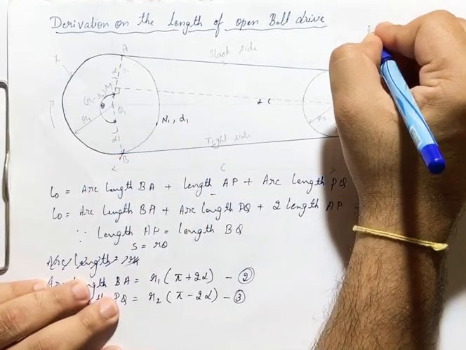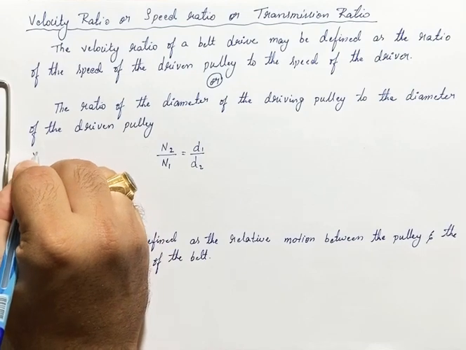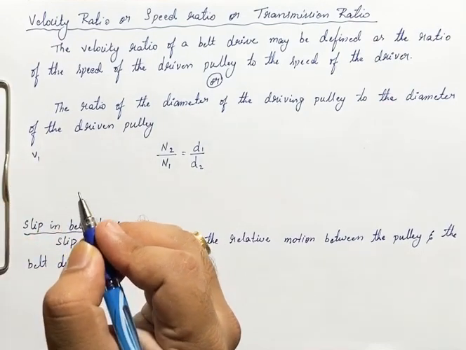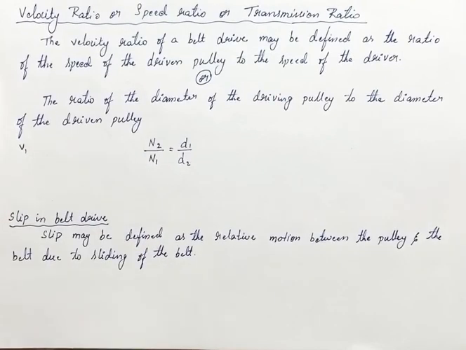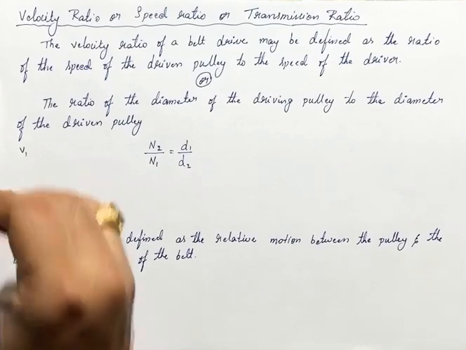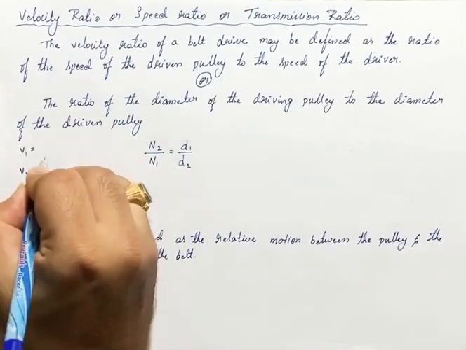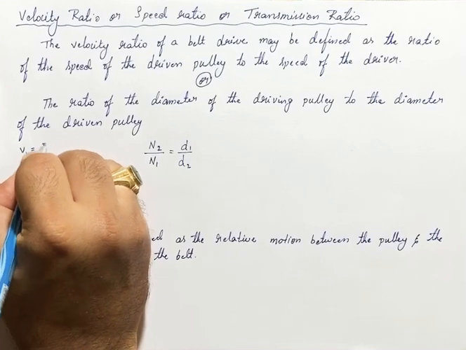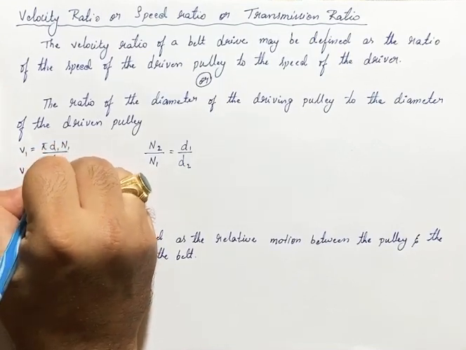So I have the formula, I'll write it here. Linear velocity V1 shall be the linear velocity of the driver pulley. Similarly, V2 will be the linear velocity of the driven pulley here. Right, V1 is pi D1 N1 divided by 60 here.